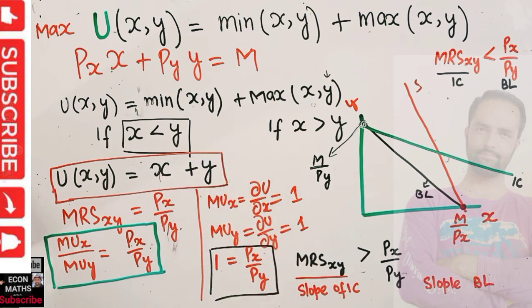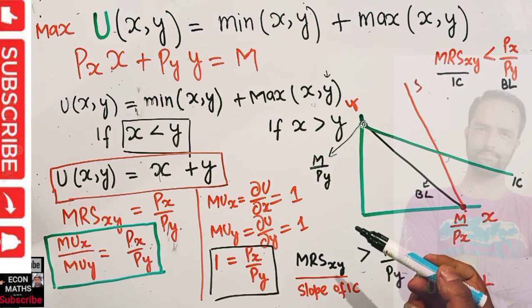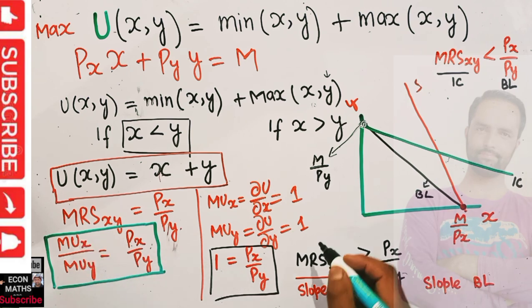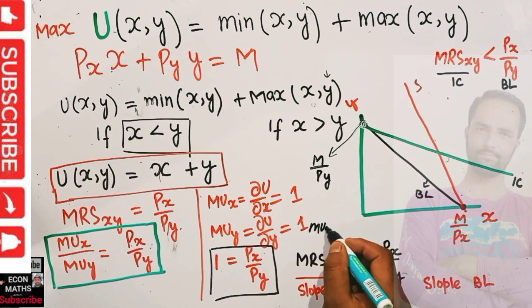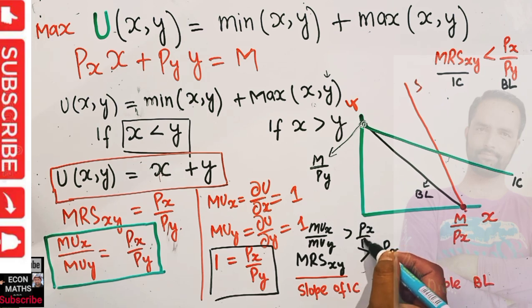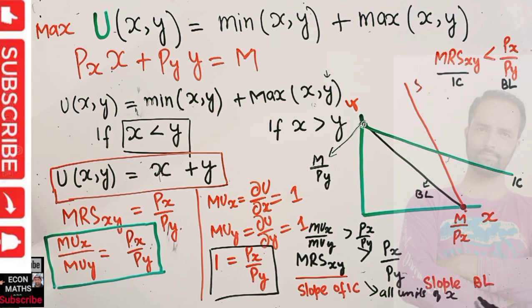In this case, MRS, marginal rate of substitution, is actually marginal utility of x upon marginal utility of y. Here you can also say if marginal utility of x upon marginal utility of y was greater than price of x upon price of y, the consumer will consume all units of good x and 0 units of good y.